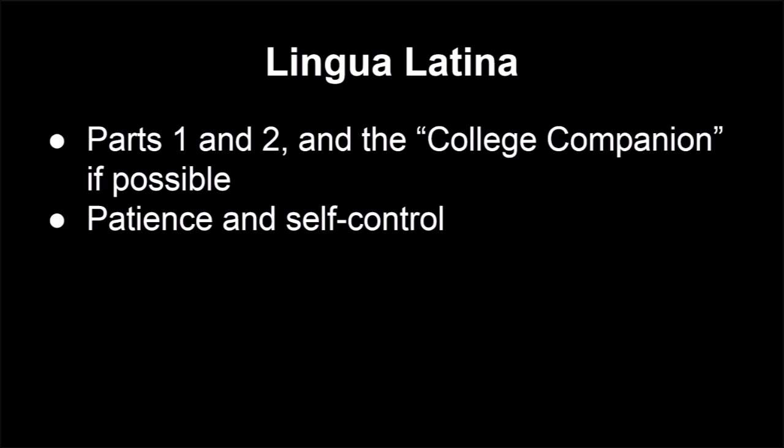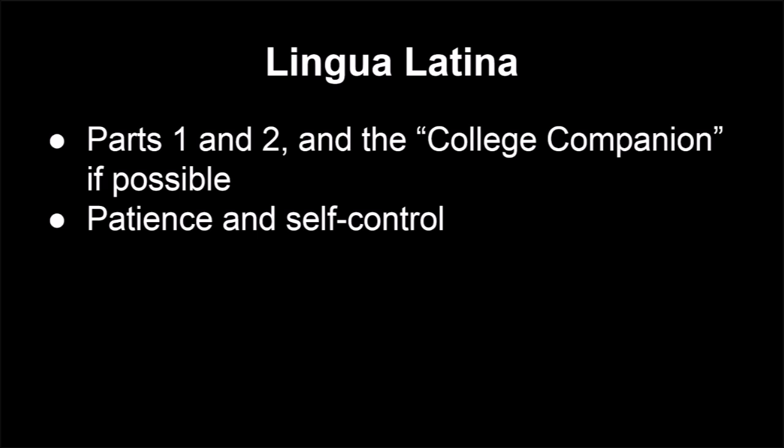What you're going to want with Lingua Latina is part 1 and part 2. Part 1 is called Lingua Latina Familia Romana, and part 2 is called Lingua Latina Roma Aeterna. You also want the College Companion book, if at all possible. It's not written by the same original author, Hans Orberg, who wrote all the other books in the series, but it's invaluable.